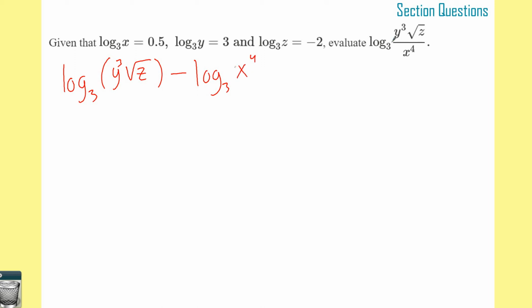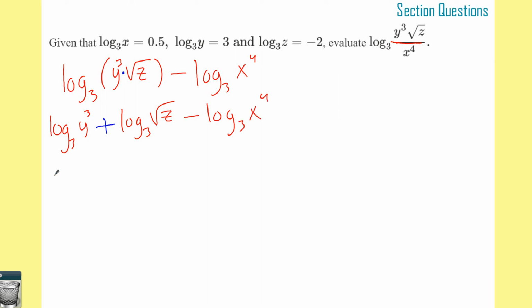Again, I got rid of the division first. And the next thing I like to get rid of is the multiplication, so I can write that as addition. So we get log base 3 of y cubed plus log base 3 of the square root of z minus log base 3 of x to the 4th.